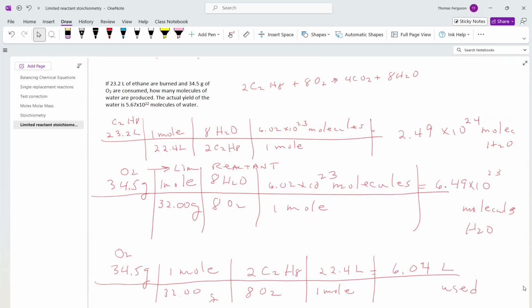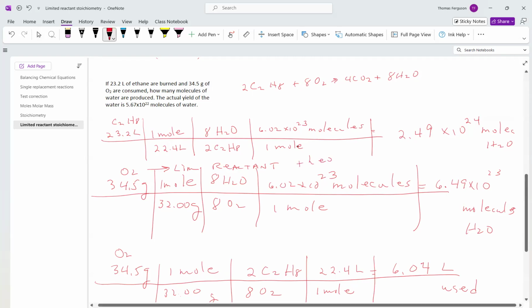Well, first of all, the first two calculations determine which is limiting the reaction. And the second one down limits it because there's less of them. Okay. All right. So the limiting reactant is also theoretical. In other words, if everything goes perfectly, that's what we're going to get.